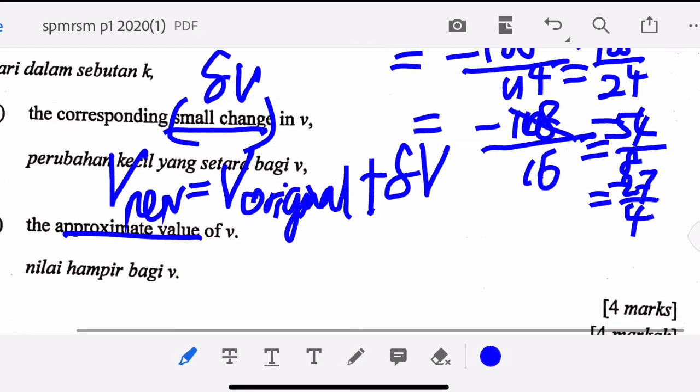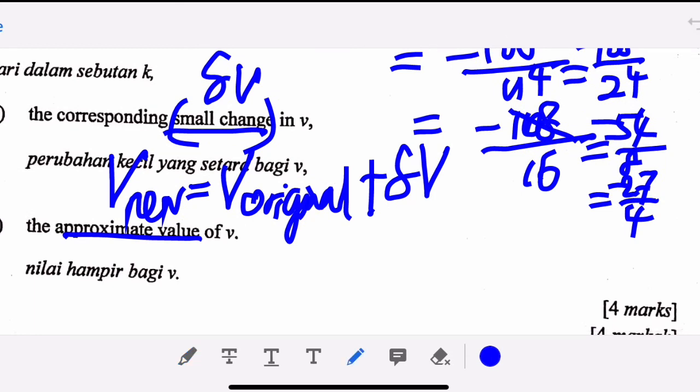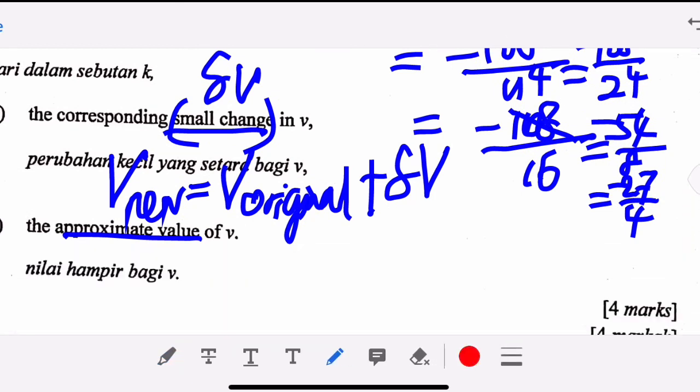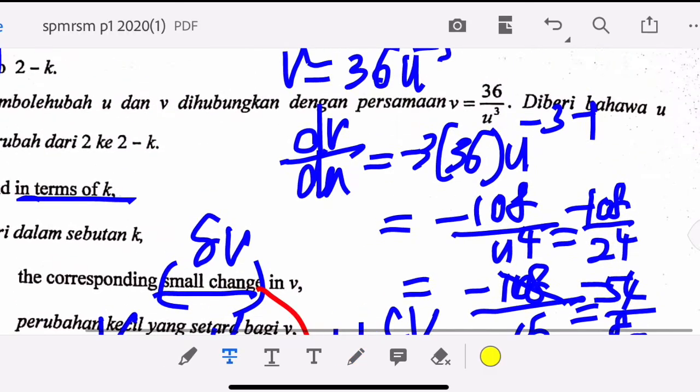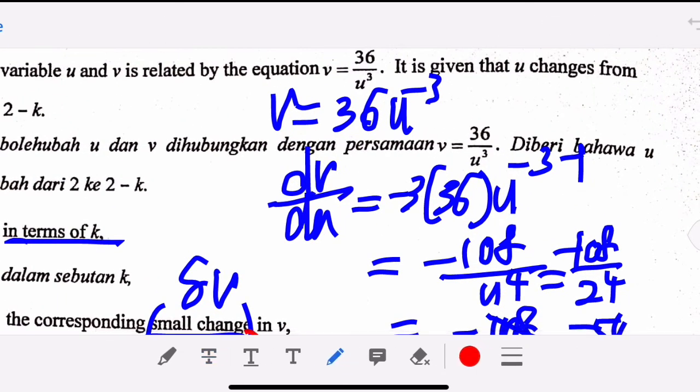Then in order to find delta V, it is equal to dV/du times delta u. So what is delta u? Delta u is u changing from 2 to 2 minus k.